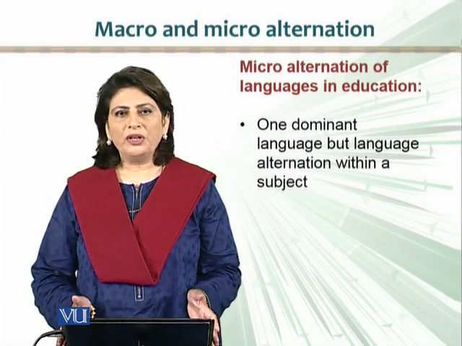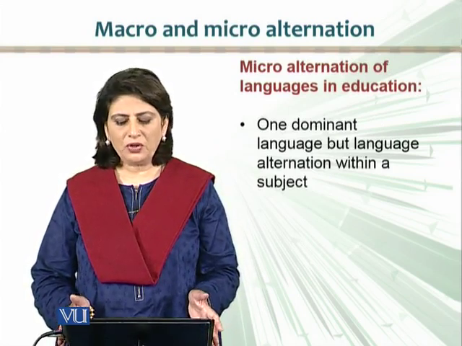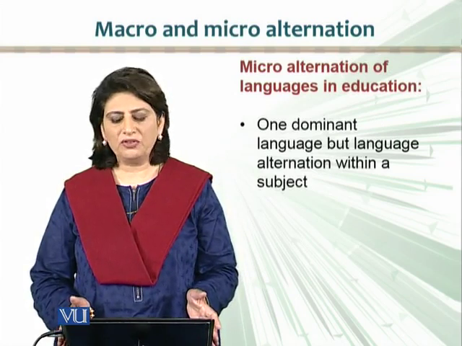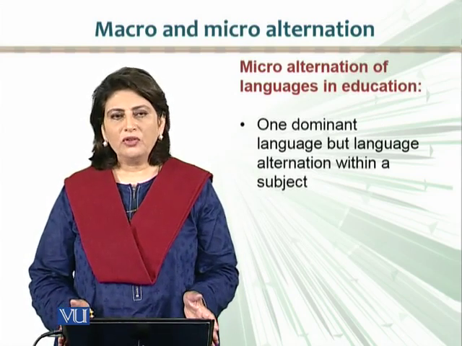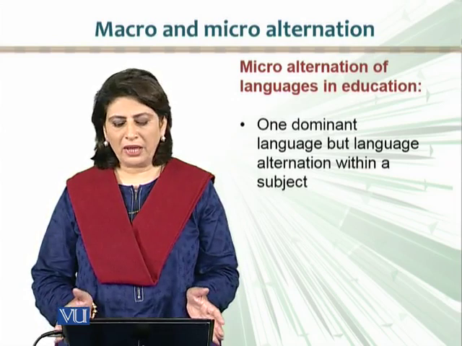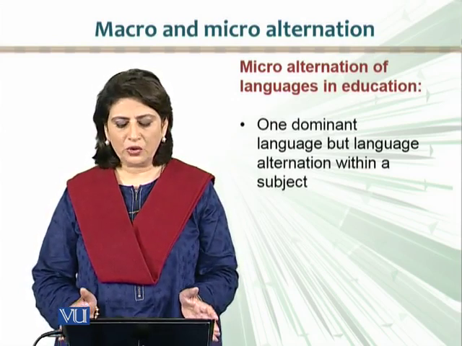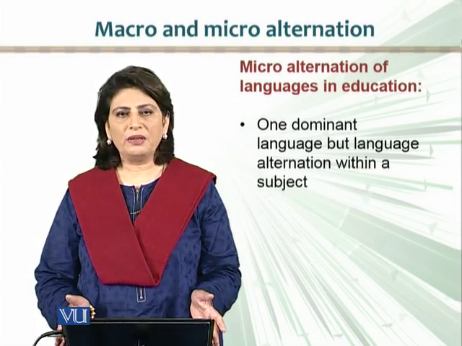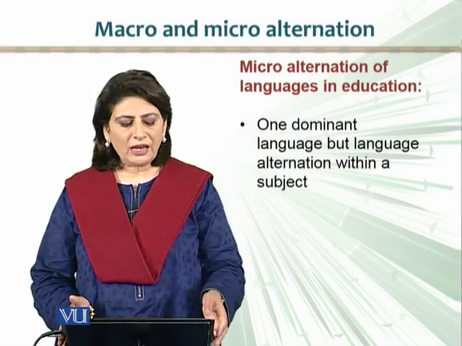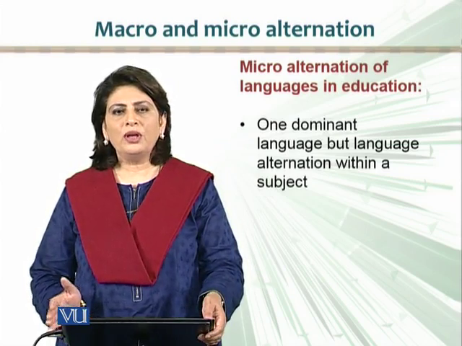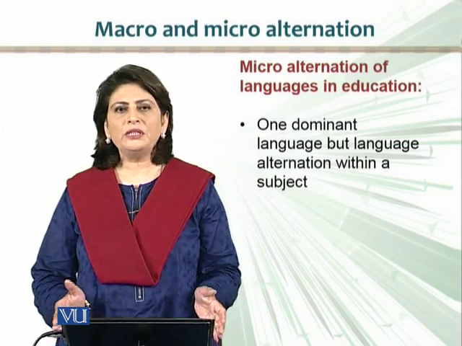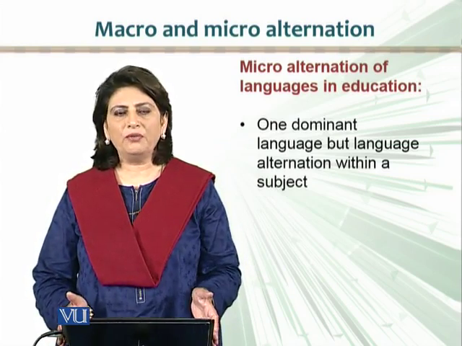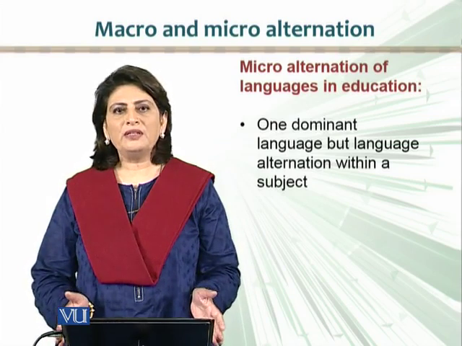Another way to do it is by using micro-alternation of languages in education. So what happens in micro-alternation is that you have one dominant language, again, in which a subject is being taught, yet you are allowed to actually use certain aspects of the other language in discussing the subject.